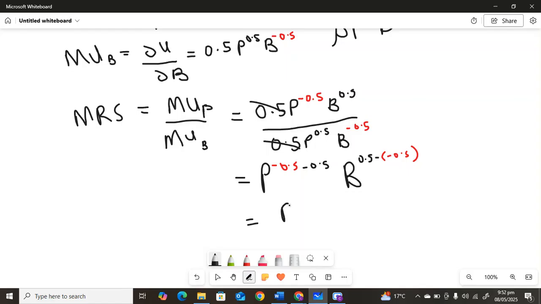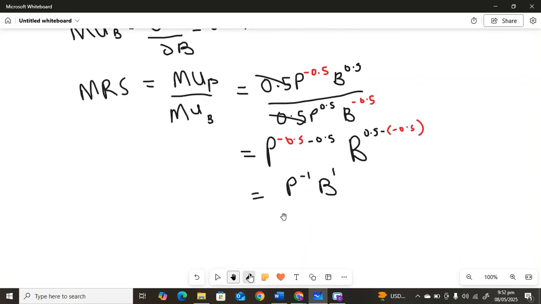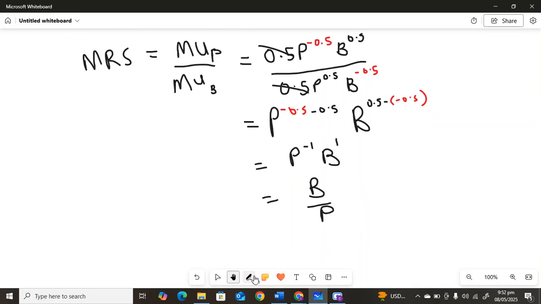This becomes p to the power negative 1, since 0.5 minus 0.5 is negative 1, and b to the power 0.5 minus negative 0.5: negative and negative make positive, b to the power 1. So again, laws of indices, when you have a negative power, it goes down: b over p.